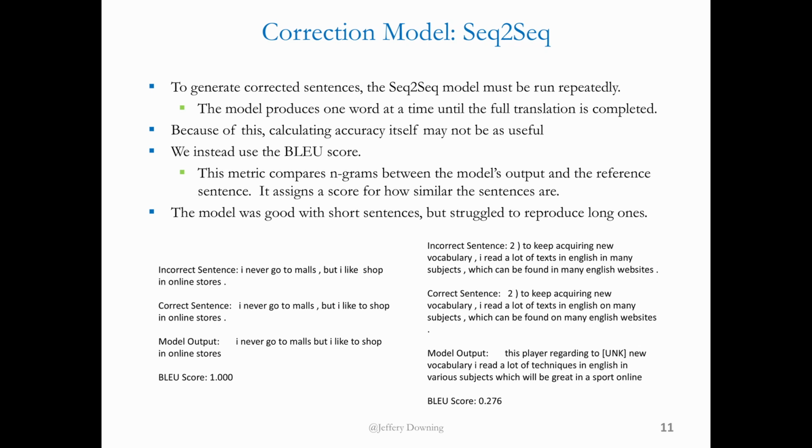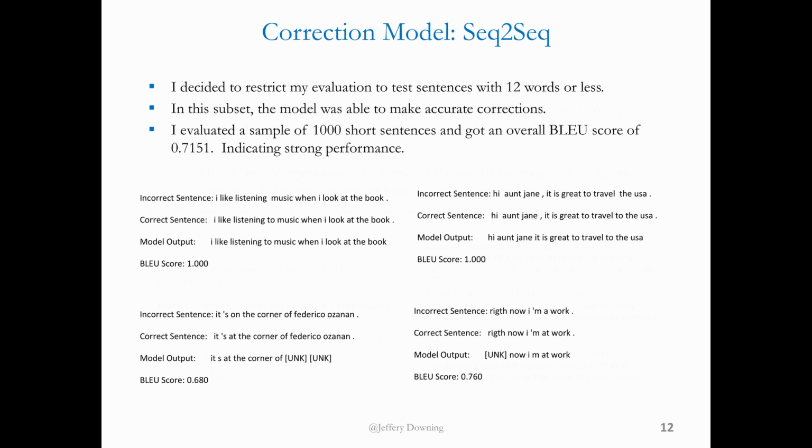The model performed well with short sentences, but it really struggled to reproduce longer ones. You can see on the right, for the shorter sentence, the model was completely able to create the correct sentence. But for the larger sentence, it veered off in a completely different direction, changing a lot of words. Because of this, I decided to restrict my evaluation to sentences with 12 words or less, just to see how well the model performs on this subset.